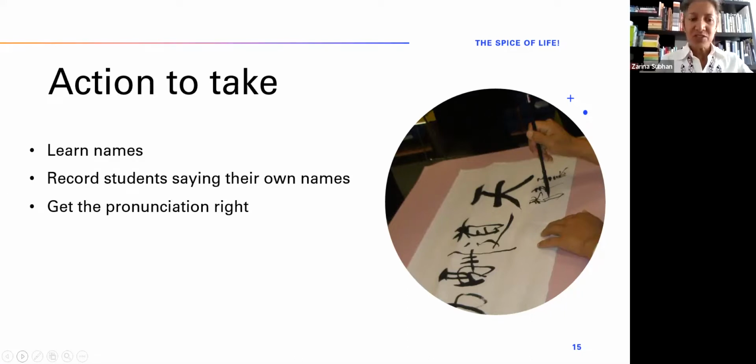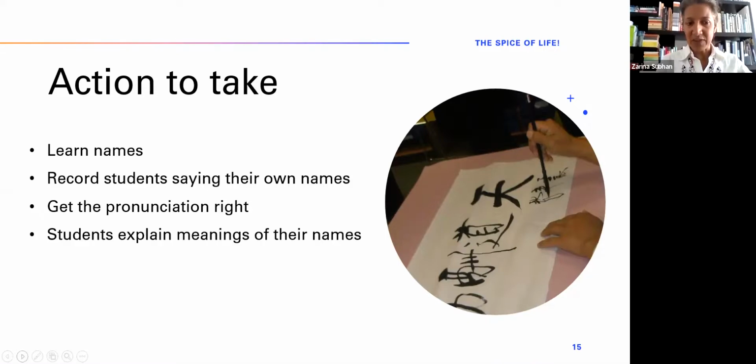Get students to maybe explain their names. If they come from a culture where names still have meanings and they come from words or more poetic origins, then get students to explain meanings of the names. You could do that for all age groups, actually.